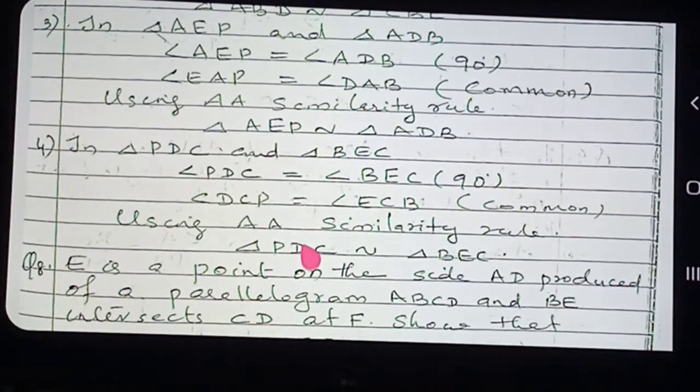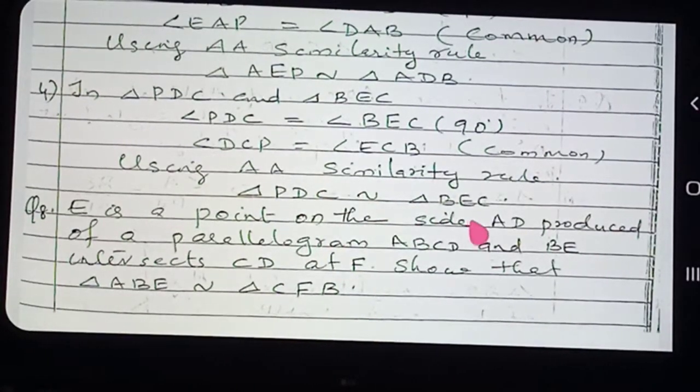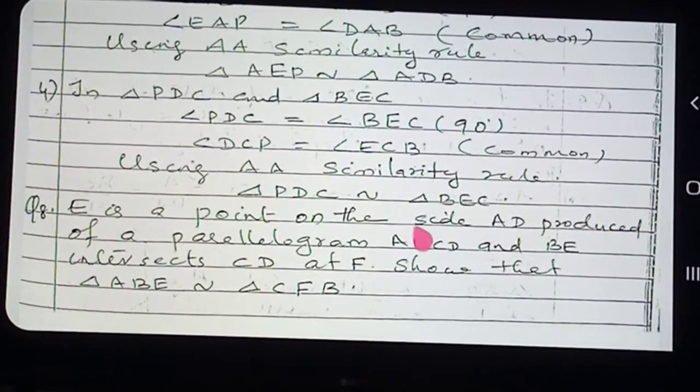Okay, completed. Now go to the next question. Question number 8. E is a point on the side AD produced of a parallelogram ABCD, and BE intersects CD at F. Show that triangle ABE is similar to triangle CFB.